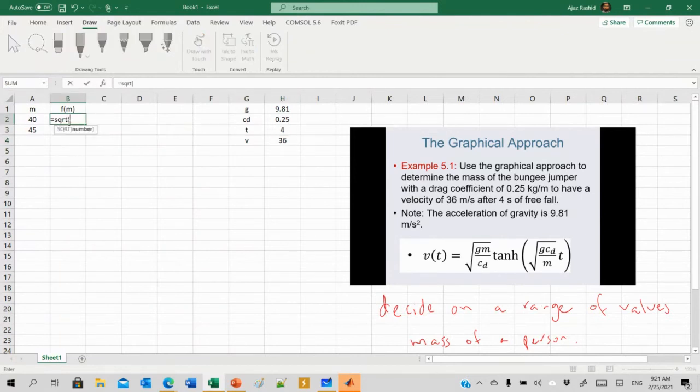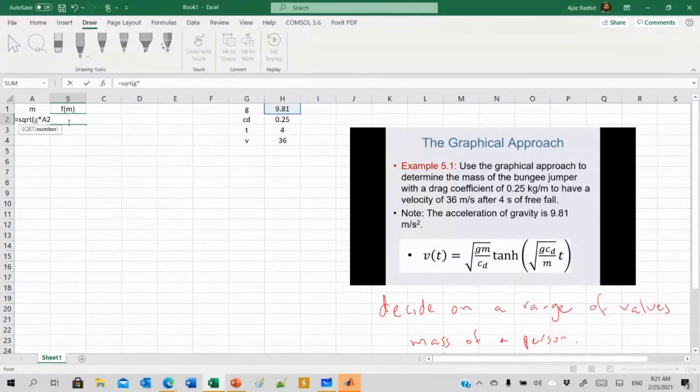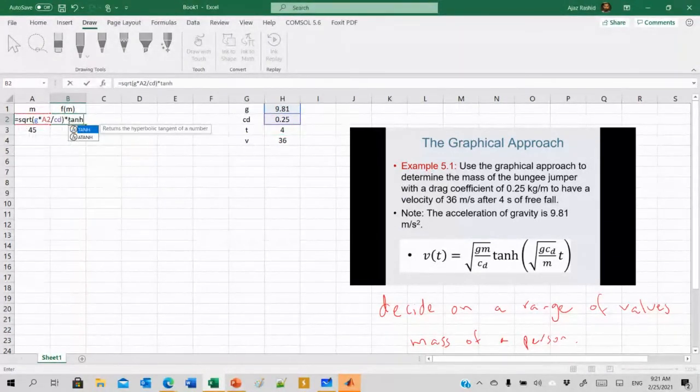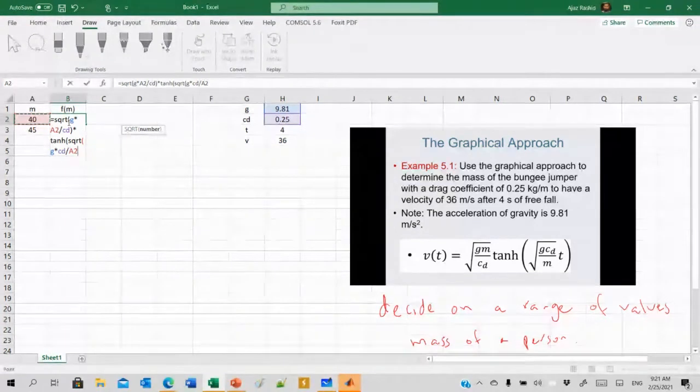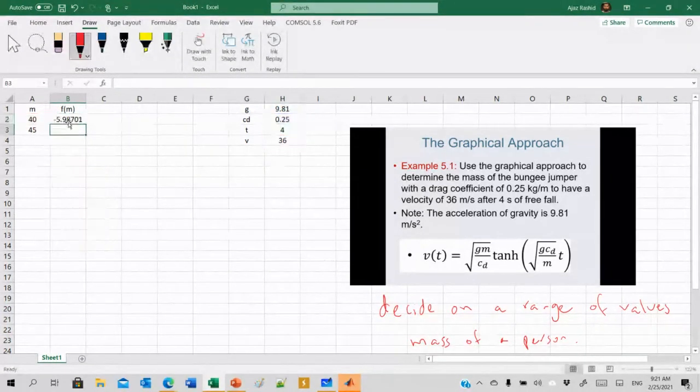So the function of mass is the square root of G multiplied by mass divided by CD, multiplied by the hyperbolic tangent of the square root of G multiplied by CD over the mass, multiplied by the time, minus the velocity.